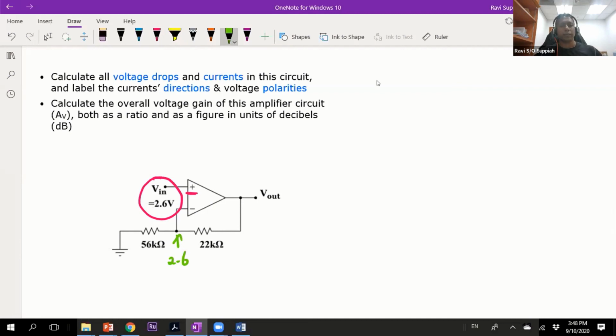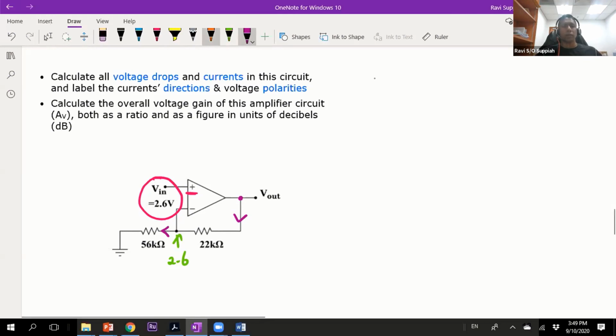The next approach is that there is no current flowing into the input of the op-amp. That means whatever current flows from this Vout through this resistor cannot go into this negative terminal. It has to go down to ground here.